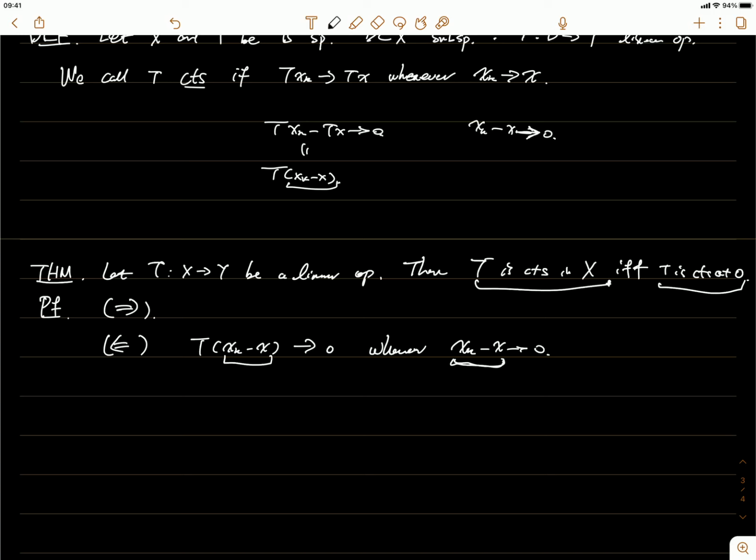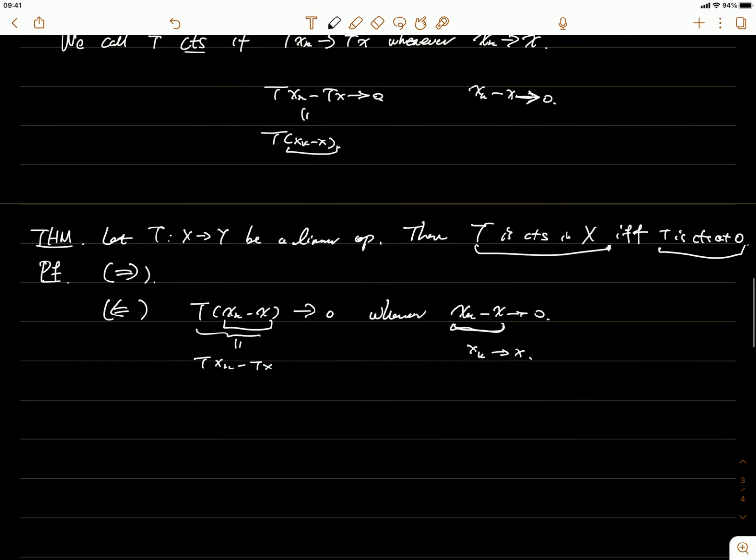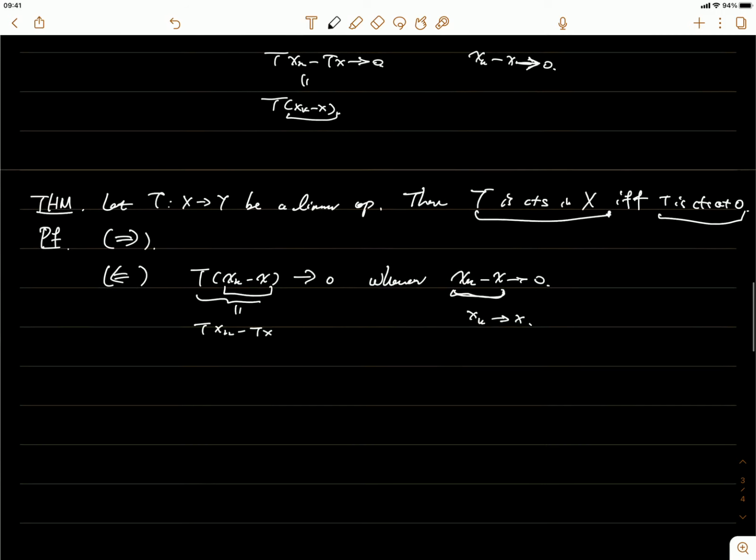But this whole thing here is equal to Txk minus Tx, and this is just xk goes to x. So that's why we only need to consider the continuity of T at the point 0. As long as it's continuous there, then it's continuous everywhere.